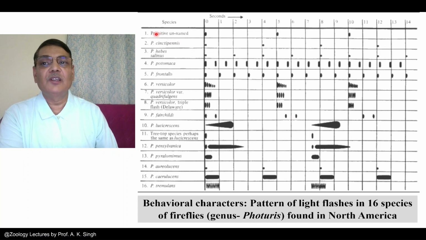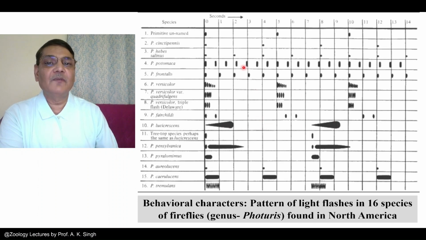Here you can see in the first case the pattern of light is there, means at regular intervals light is being emitted. In the other species, little amount of light is being emitted, but the frequency is little bit more. In the third species, the frequency increases. Here, the intensity of light is very high and it is being emitted at regular intervals.